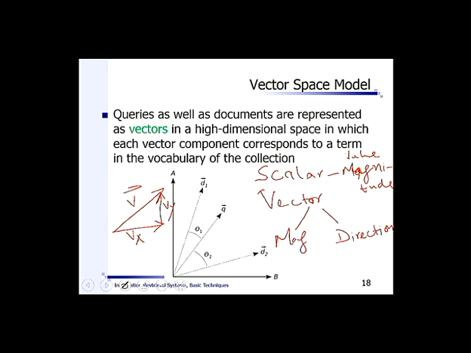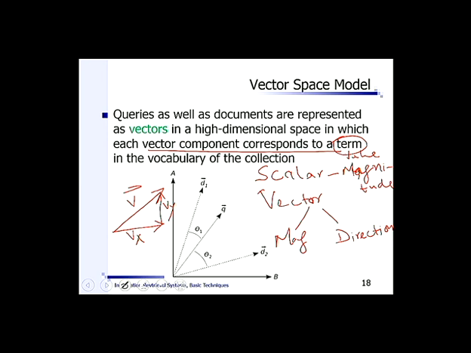So here in the vector space model, every document is represented as a vector, and each vector component corresponds to a term in the vocabulary. So how many dimensions do we have for vectors in the vector space model? It is the same number of dimensions as the number of terms in the vocabulary, right?